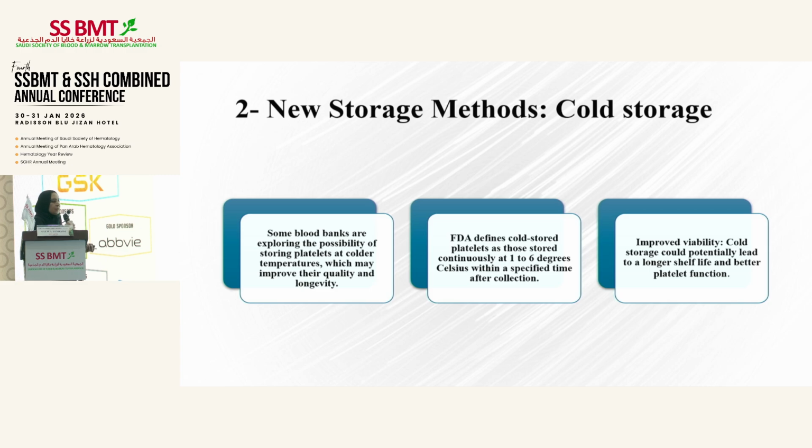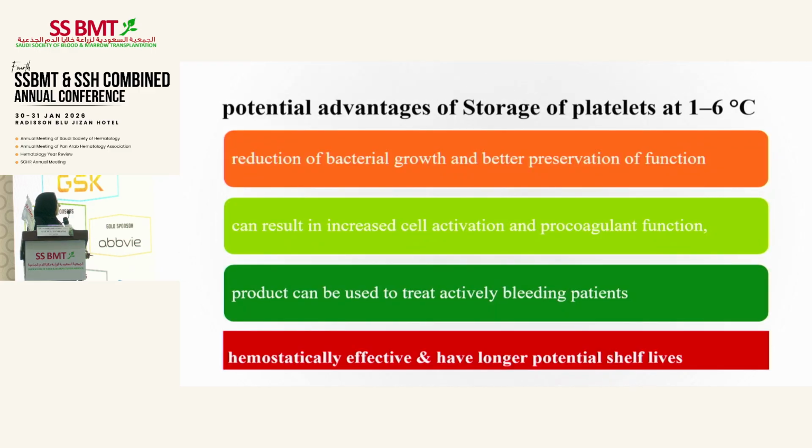FDA defines cold stored platelets as those stored continuously at 1 to 6 degrees for a specified time, with improved viability, and cold storage potentially leads to a longer shelf life of platelets.